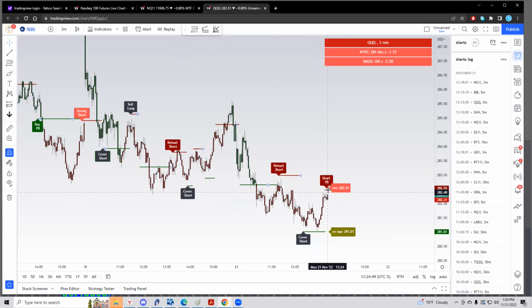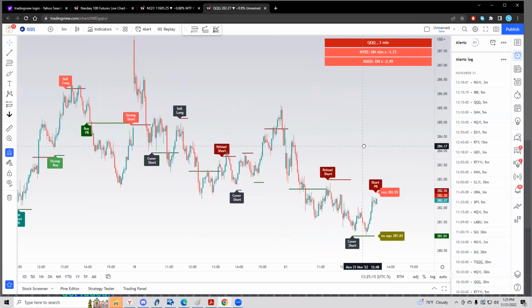If price keeps going higher and violates that resistance 282.55, that's a red flag for bears. Ideally, when we get a short setup, price should not violate that resistance. Sometimes it does and breaks down again, but unfortunately, we cannot predict with 100% accuracy the exact top.